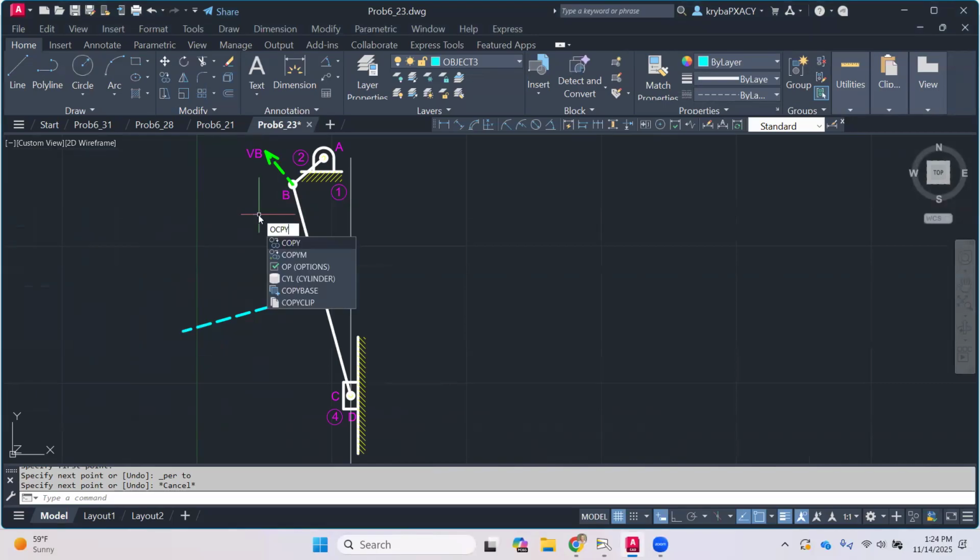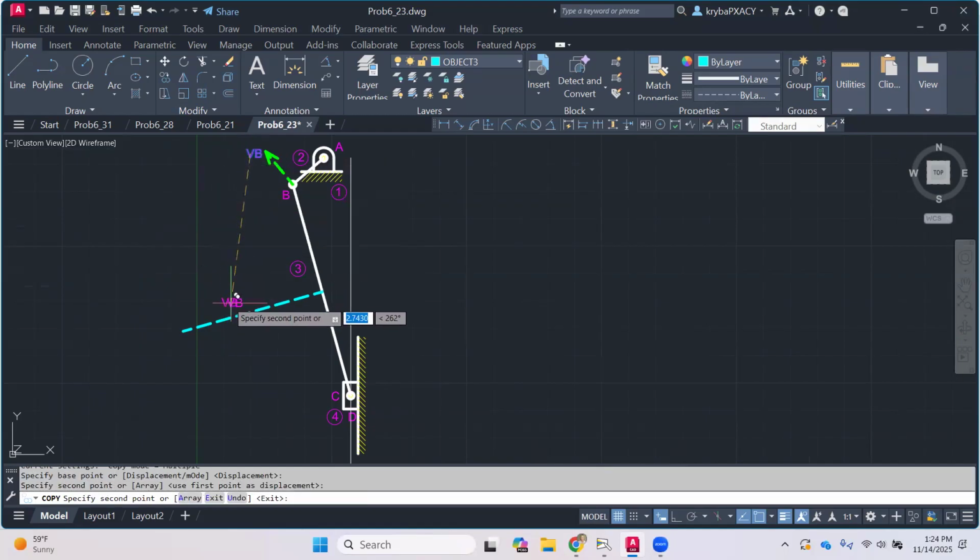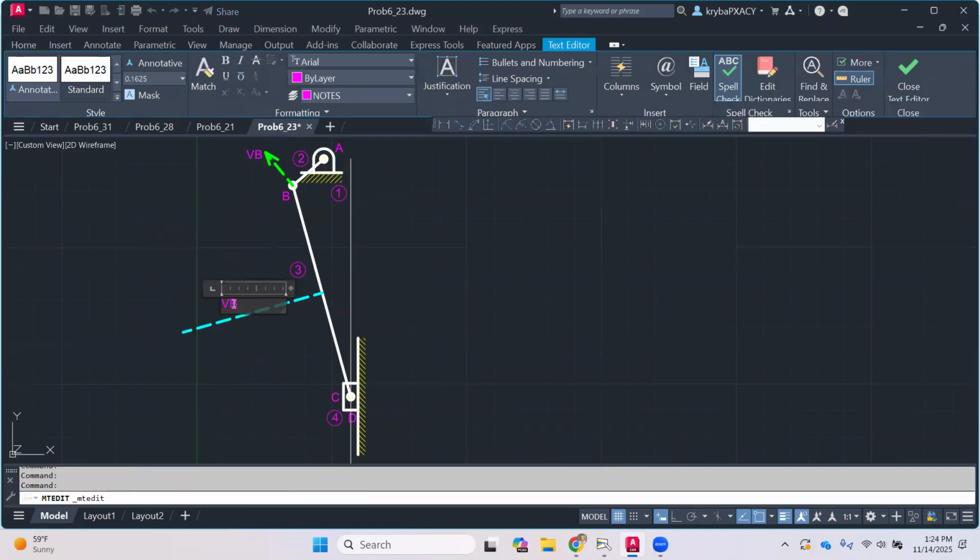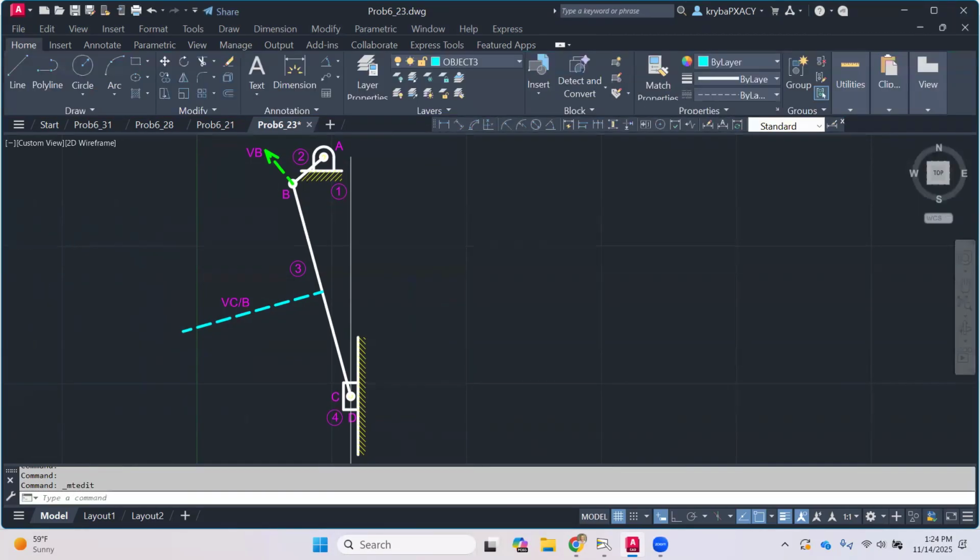And then I'm just going to copy this from here to simply represent C relative to B. So that's the velocity vector orientation for C relative to B.